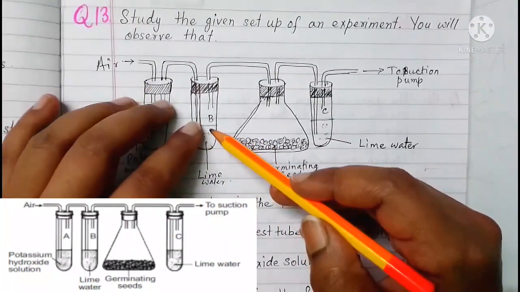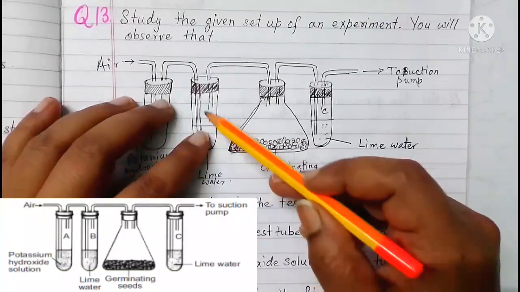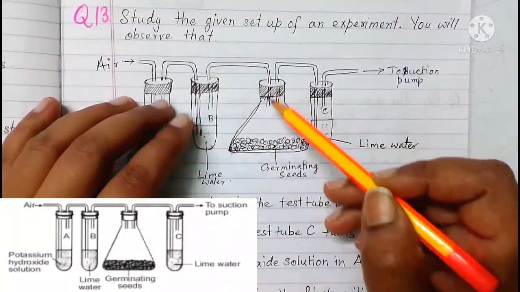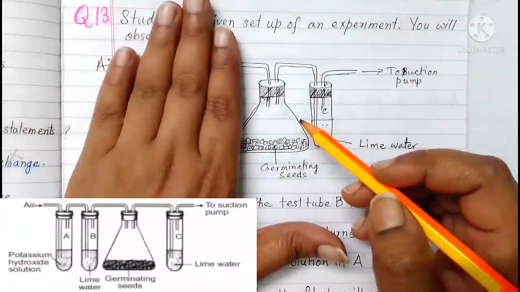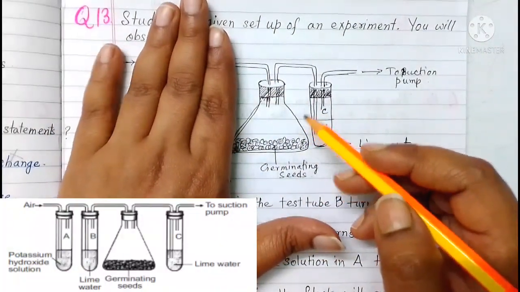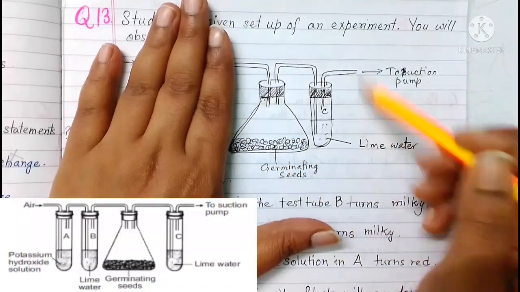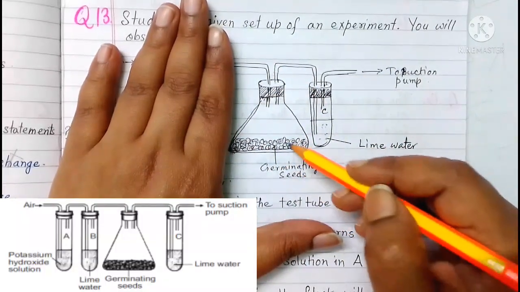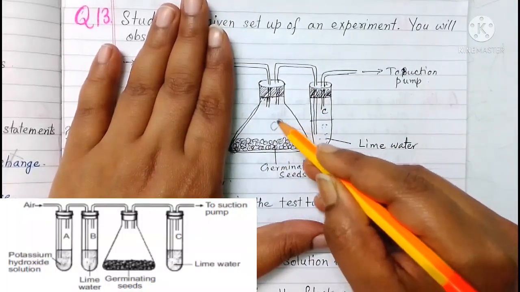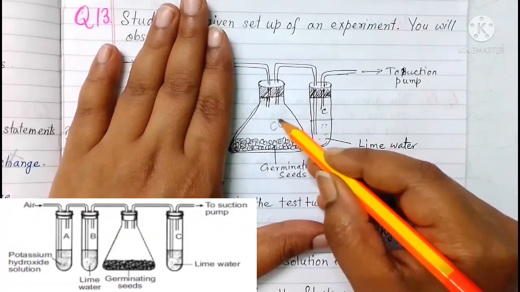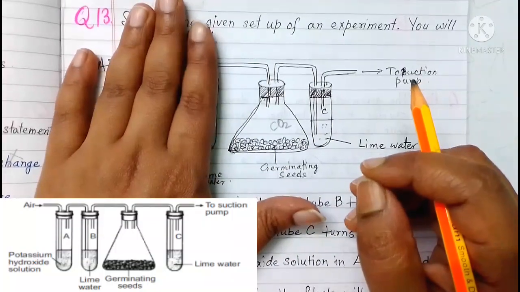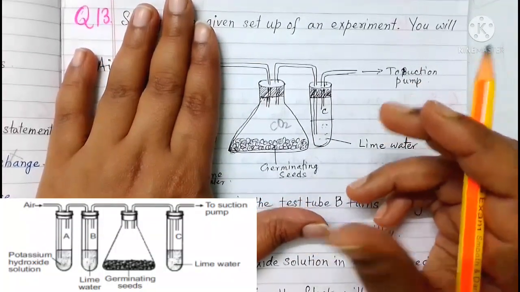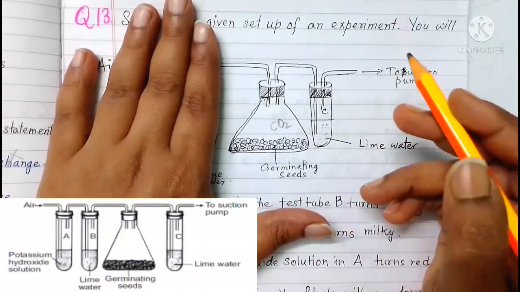If there is no reaction here, what will be going inside this conical flask? I think nothing, so this part you can remove. The main reaction is happening over here. These germinating seeds are producing CO2 in high amount because germinating seeds carry out the process of respiration in high amount. So the carbon dioxide.